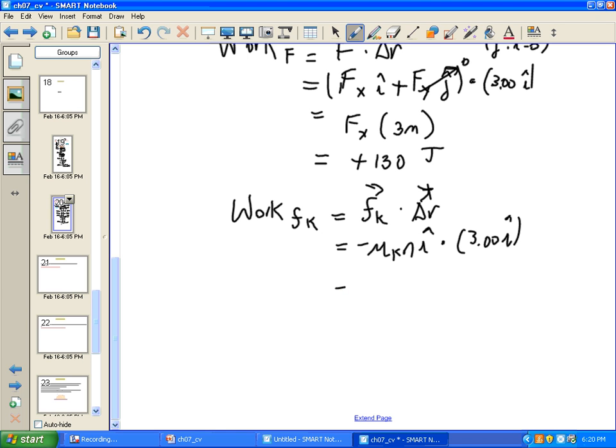Well, it's a good thing that we determined what the value of n was, because that allows us to determine what the value of F sub k is.